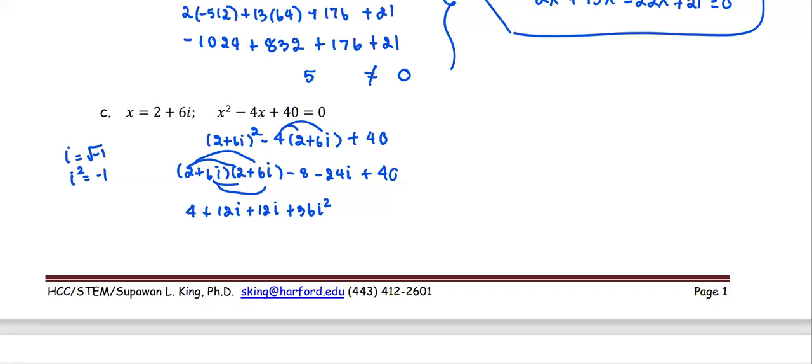Simplify negative 8 and 40, which become positive 32, minus 24i. The i squared is negative 1. Then we simplify further for the numbers 4 and 32, which becomes 36.